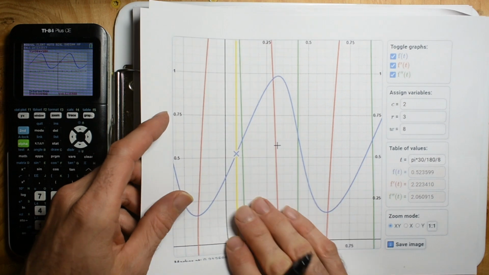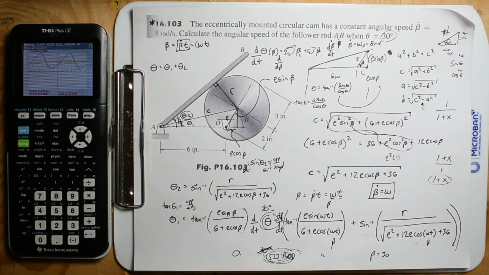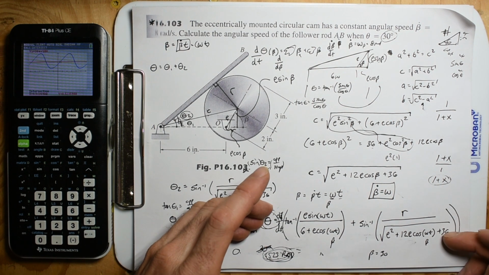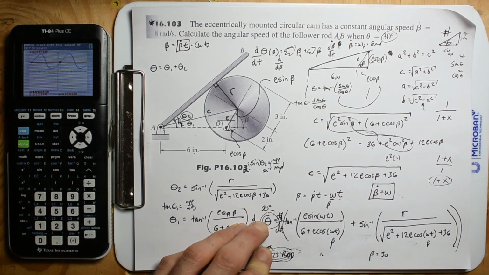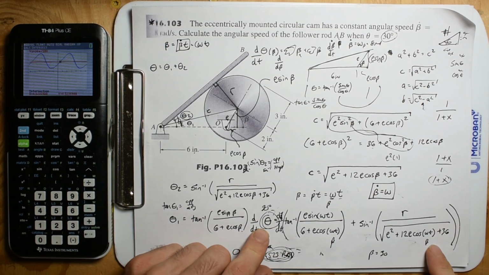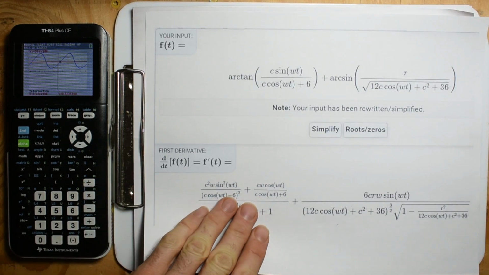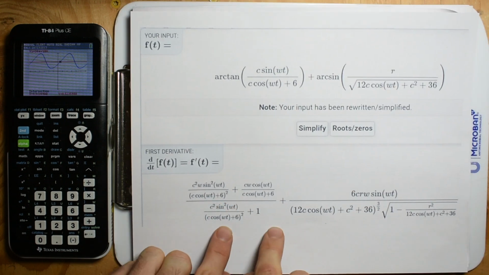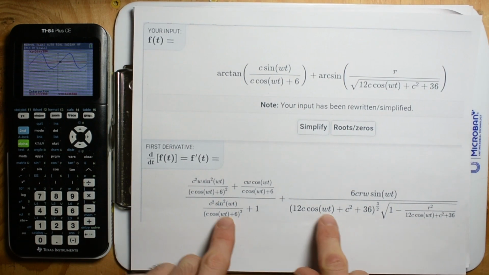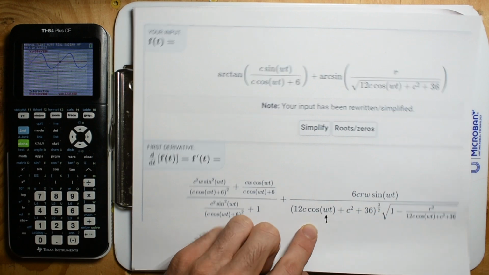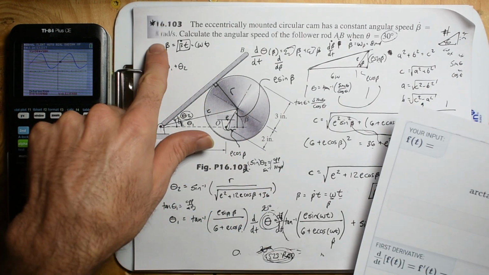And when we type that in, what we have found is that beta is 30 degrees. We have taken this derivative with respect to time. And so our inputs when we solve this are going to be time and the angular acceleration of the disk, which is 8 radians.